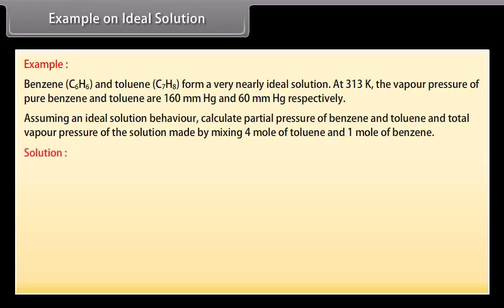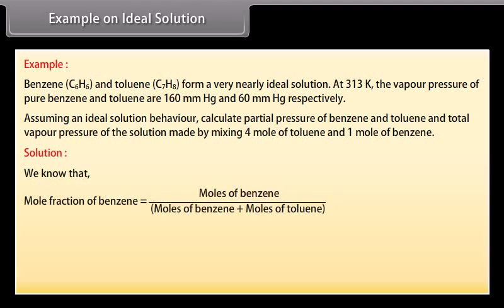Let's see the solution. We know that mole fraction of benzene is equal to moles of benzene upon moles of benzene plus moles of toluene. On calculating, we get mole fraction of benzene is equal to 0.2 and mole fraction of toluene is 0.8.